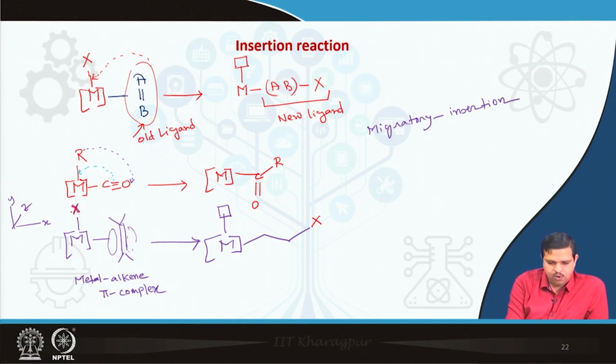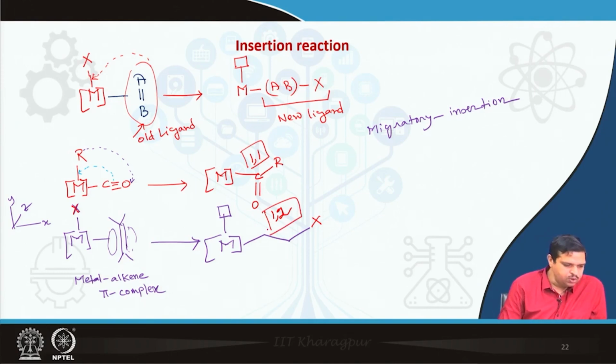Now you see for this one, for carbonyl, you can regard it as a 1-1 addition, because this carbon is attached to the metal and also attached to the migrated ligand, that is R. But in this one, one carbon center is attached to the metal and one carbon center is attached to the migrating ligand. So, you can call this a 1-2 migration, and this one is a 1-1 migration.